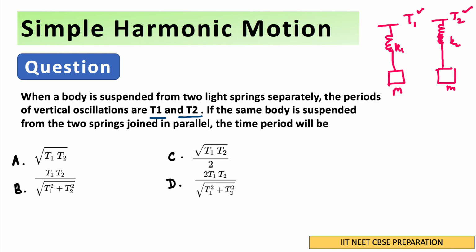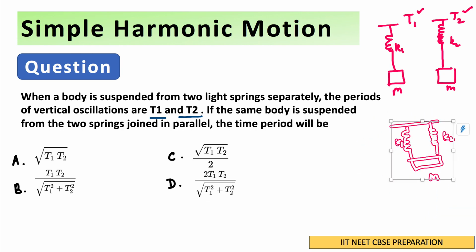Now what they are asking is, if we connect these two springs, that is this spring with spring constant k1, and this spring with spring constant k2, so we connect both of these springs to this mass m. This is the same mass m, right? Maybe I can just draw it a little properly.